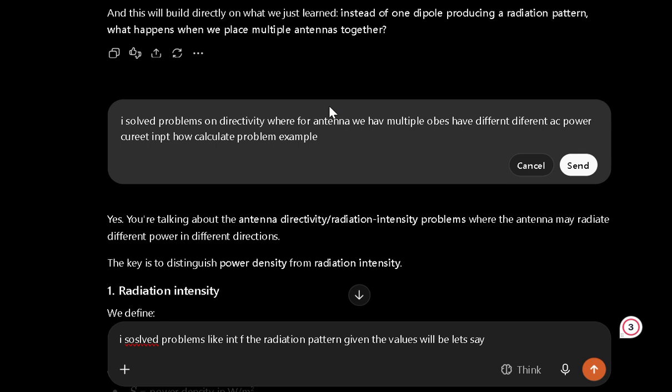For a half-wave dipole, there are values like 100, 20, 20, 20, 0, 0 and so on.